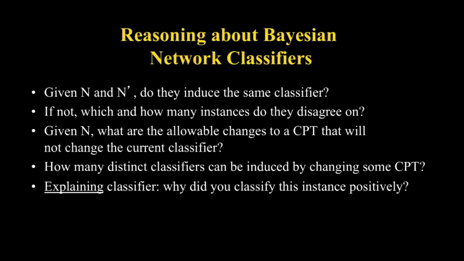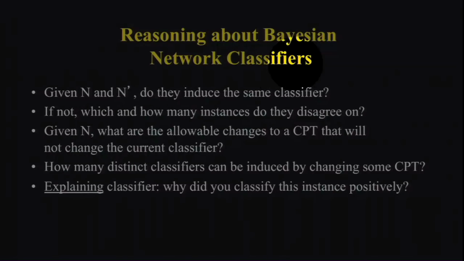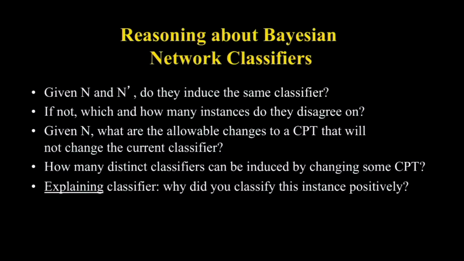One of the simplest is I give you two classifiers, N and N prime, and they have the same structure, let's say, and you just change some of the numbers in one of them. And the question is, do I still have the same classifier? If you're using the network as a classifier and you change a number and the classifier doesn't change, then it doesn't matter.